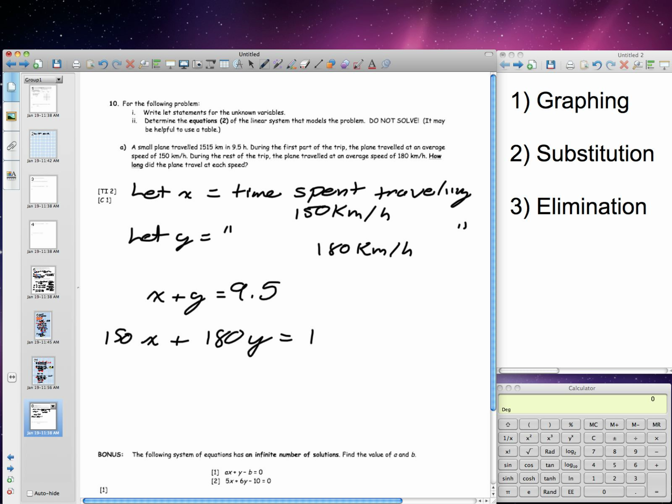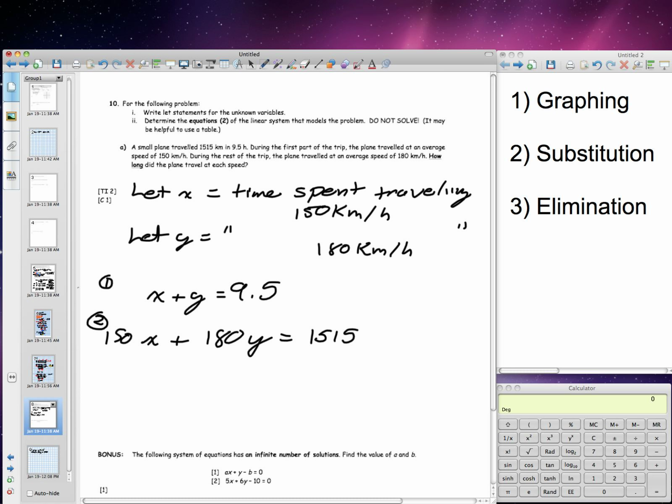The total distance is 1,515. So I have equation 1 and equation 2. That's all the question wanted: the two equations and the let statements. It said do not solve this.